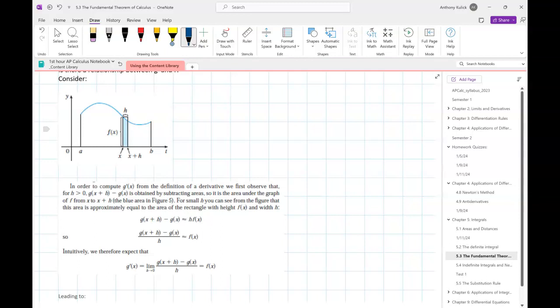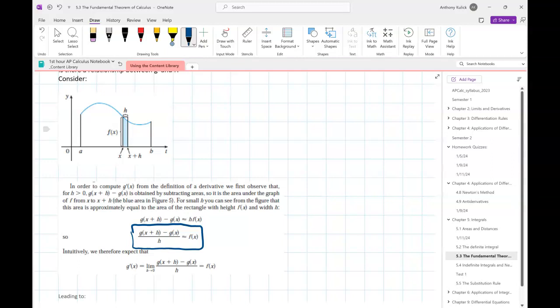which is approximately going to be the distance between x and x plus h, which is h, times the height of the rectangle, which is f of x, because we're going to use a left area or left Riemann sum here, as that's our standard. So that's approximately this. So if I divide both sides by h, I get that f of x is approximately the slope, right?